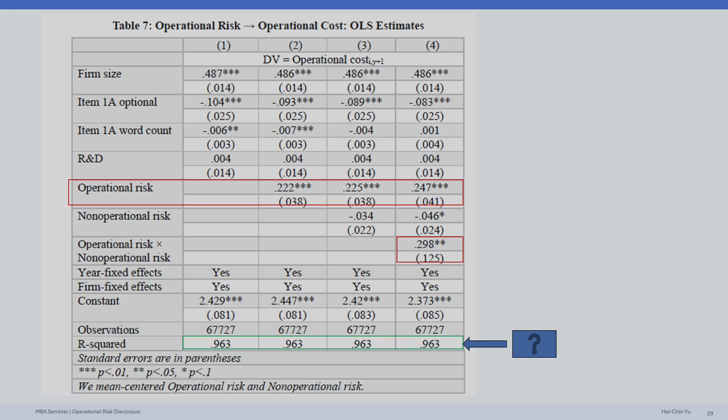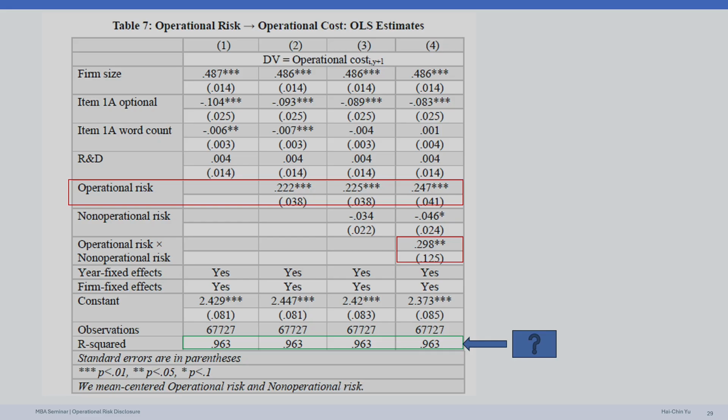One thing I am curious about is the R square. I never believe a regression could conclude 96% explanatory power. Usually there is some collinearity or something unexplained.